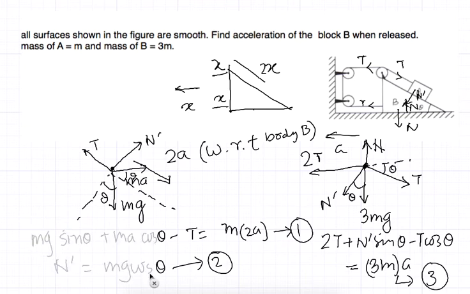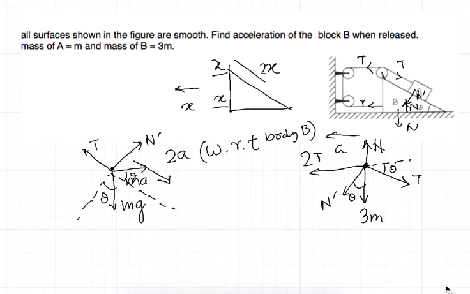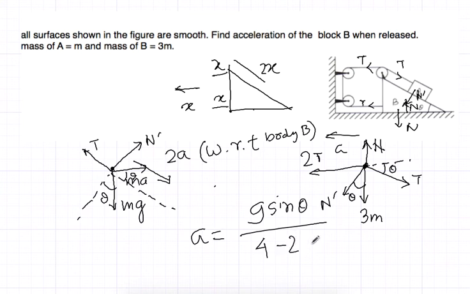So if you simplify it, I'm leaving that to the students. If you simplify it, obviously I've solved it, you will get a equal to g sine theta divided by 4 minus 2.